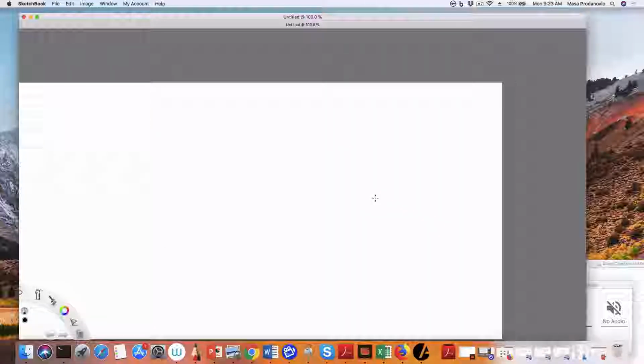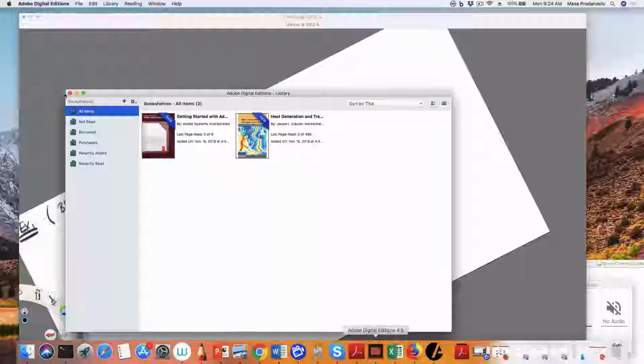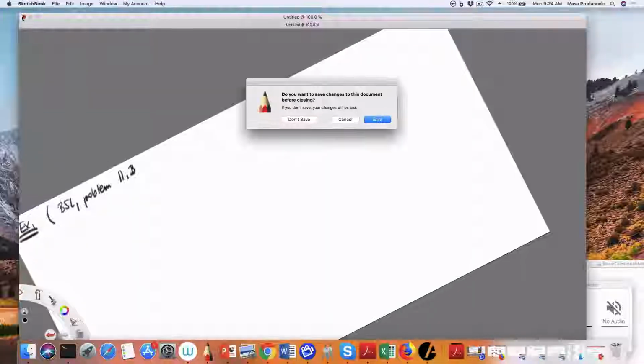So this is an example. You can also see BSL problem 11B8. Nice, I hope. It's a tilted sphere, except that for a sphere it doesn't matter.